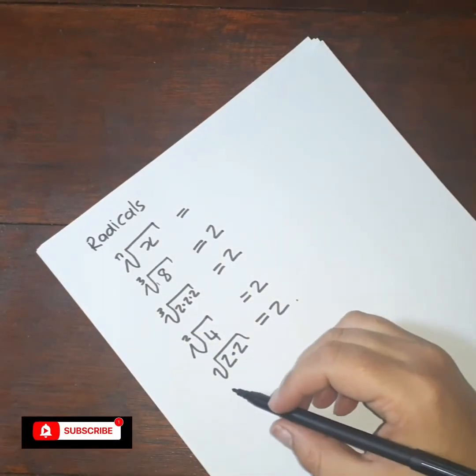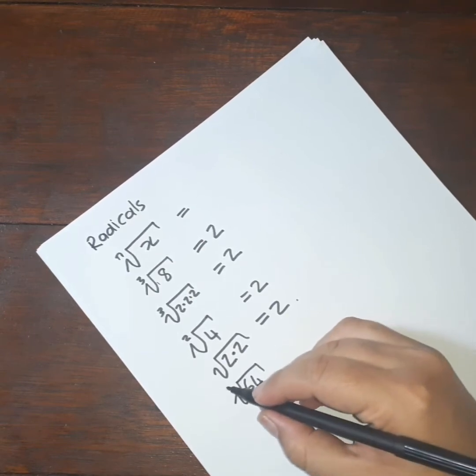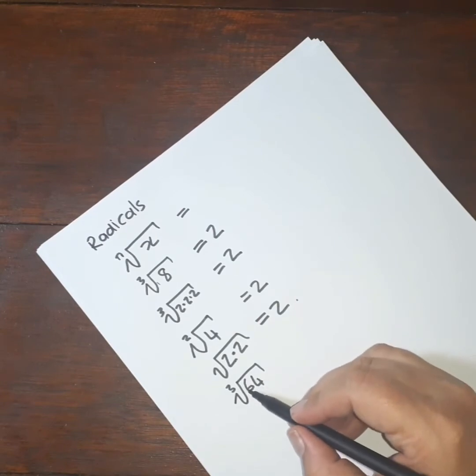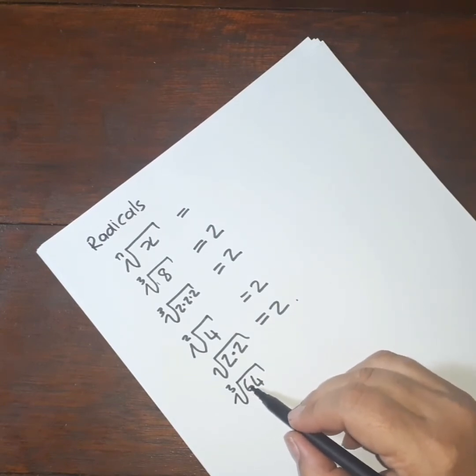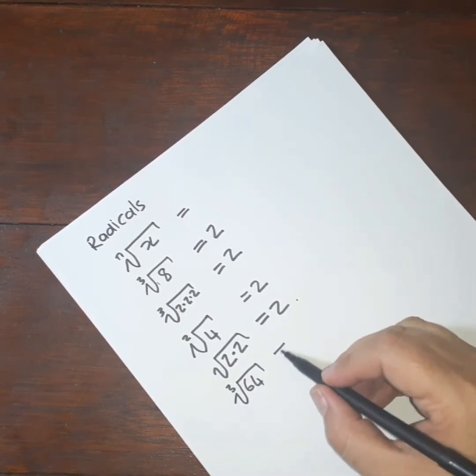Let's look at another example. The cubed root of 64. We need to find a factor that can multiply 3 times by itself to make up 64.